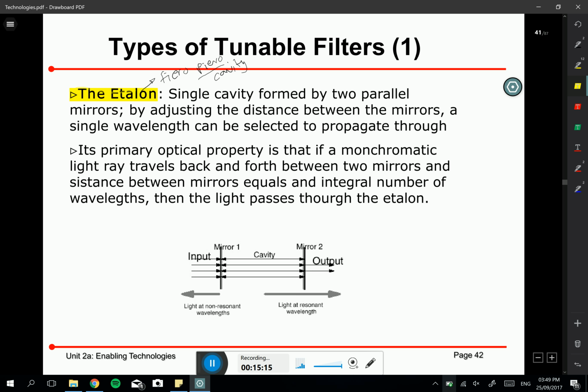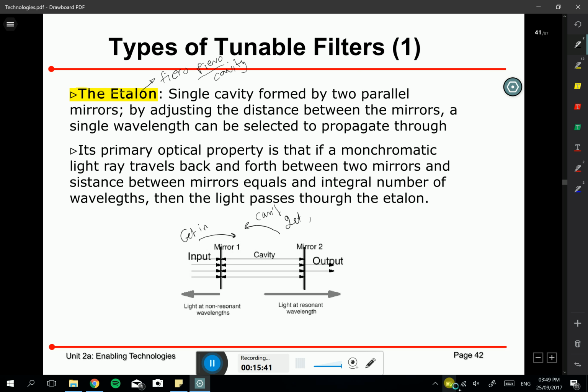We get wavelengths arriving. This mirror is semi-transparent, meaning that you can get in, but you cannot get out. So the various wavelengths getting into the Etalon start bouncing back and forth between the two mirrors.